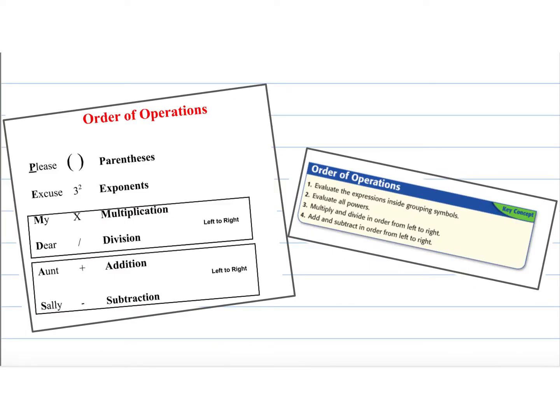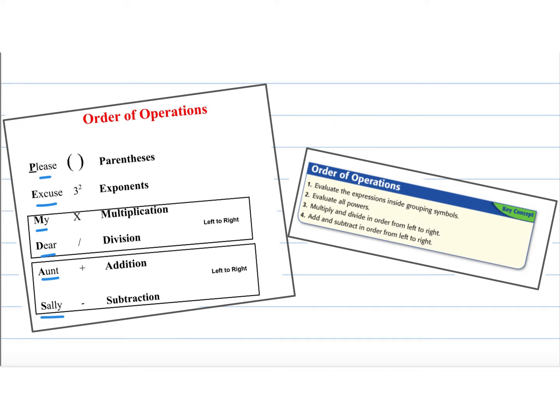Okay, so here again is the order of operations. If you didn't write it down on the last page, write it down here. You can remember it with this little saying, please excuse my dear Aunt Sally, taking the first letter from each of those words to help us figure out what the step is. First is parentheses, so we do anything in the parentheses. After that, we solve anything with exponents. Then it's multiplication and division.